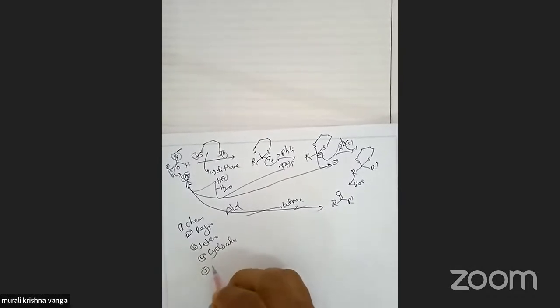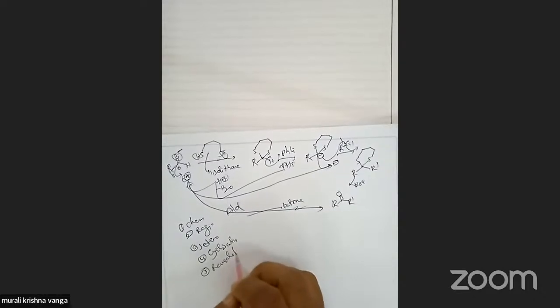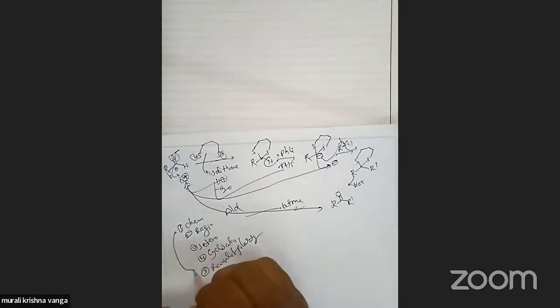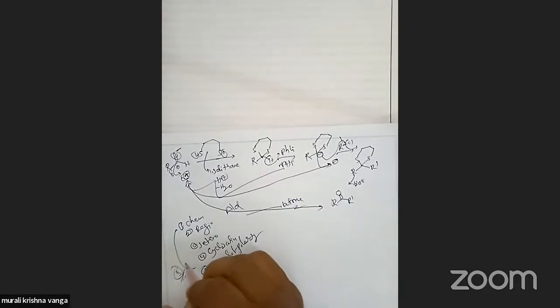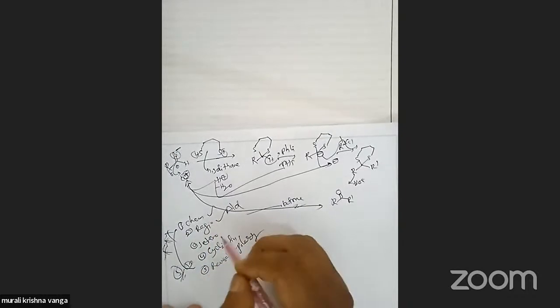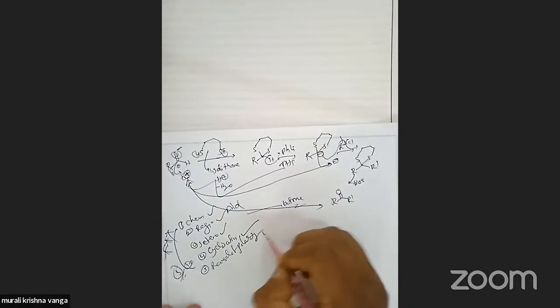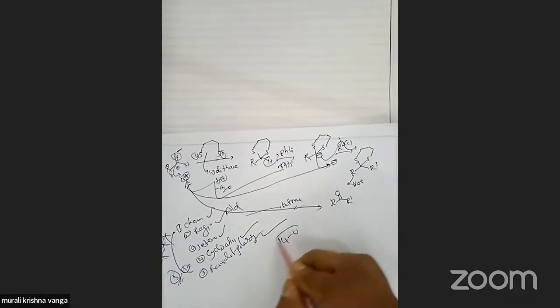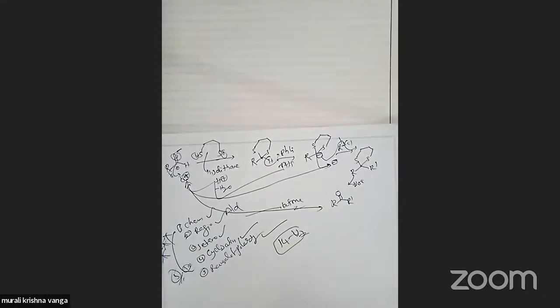Fifth one is reversal of polarity. So among these five, one is compulsory in your paper. These five are very, very important: chemoselectivity, regioselectivity, stereoselectivity, cyclization, and reversal of polarity. That means this 14th unit is very, very important from the exam point of view.